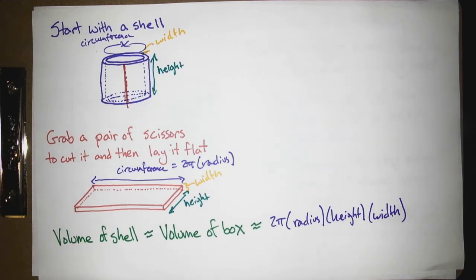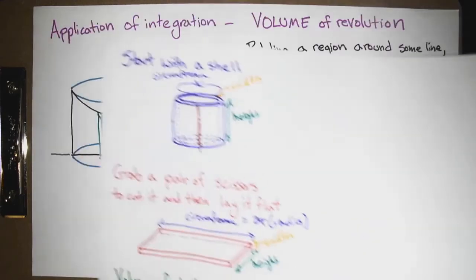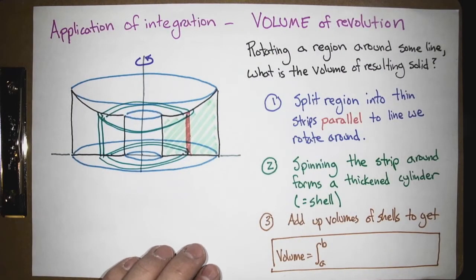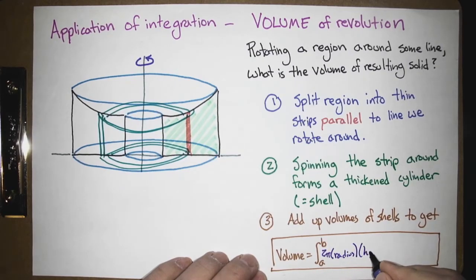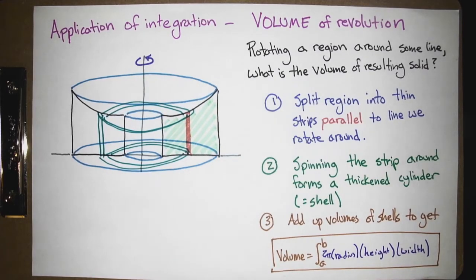However, as your slices get smaller, approximations get better, and the approximation squiggly lines flatten out and become equal. Okay, so coming back here, what's our volume? It's 2 pi. Radius, height, and width. So that's our formula.